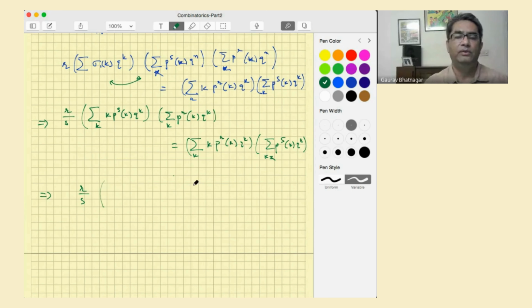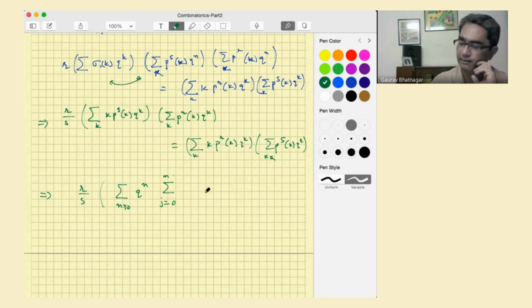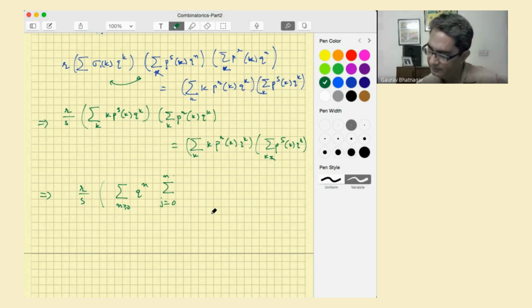Now again I do a convolution. Multiply these two series together. So let's do q raised per n together, and let's do j going from 0 to n. Let me be careful here. I want j times psj and pr n minus j.